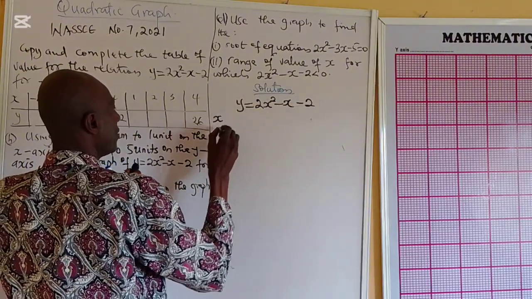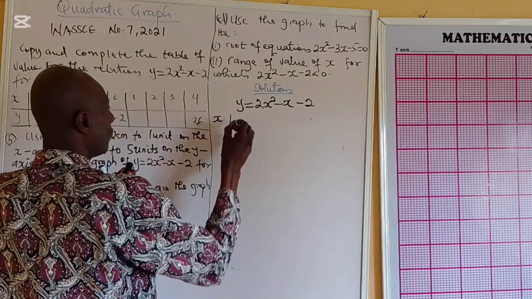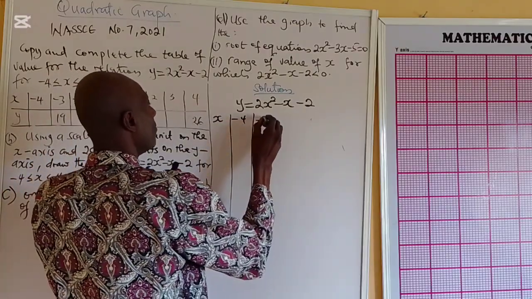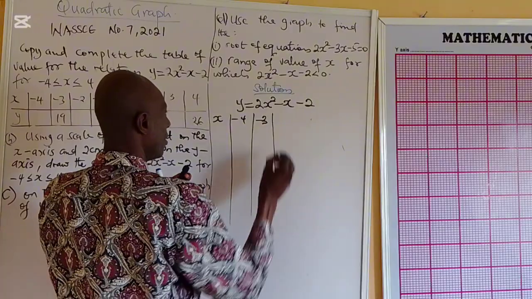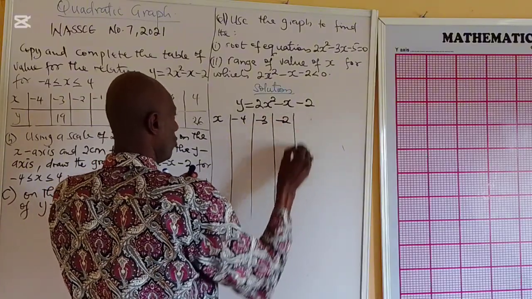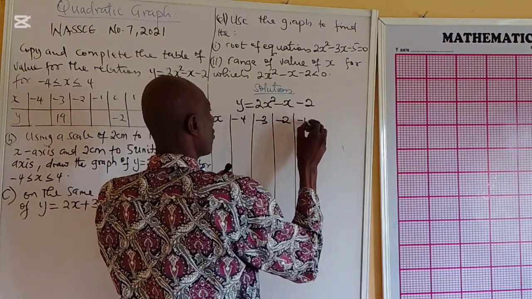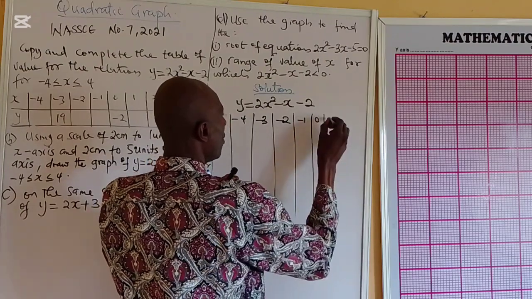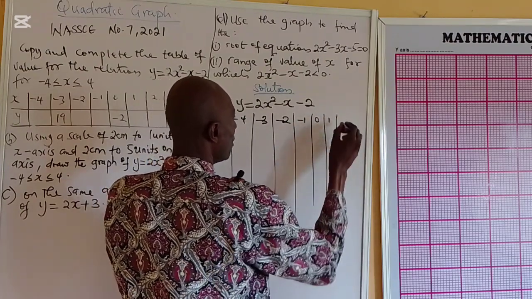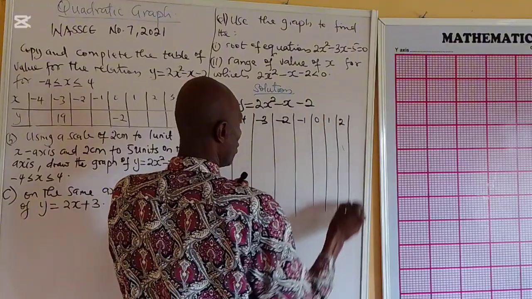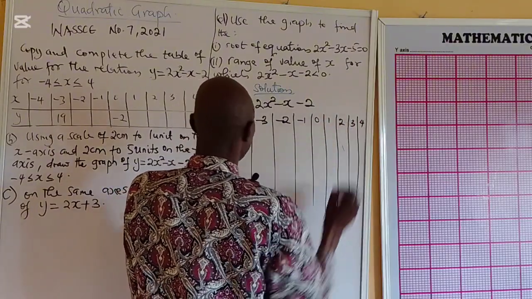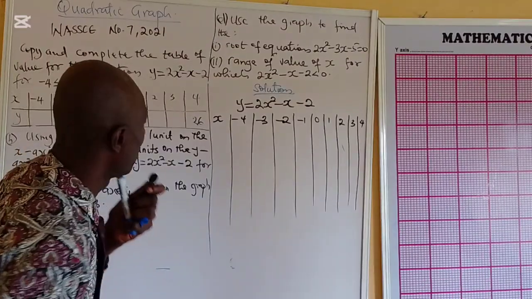So x is given as minus 4, minus 3, minus 2, minus 1, 0, 1, 2, 3, 4. Okay?